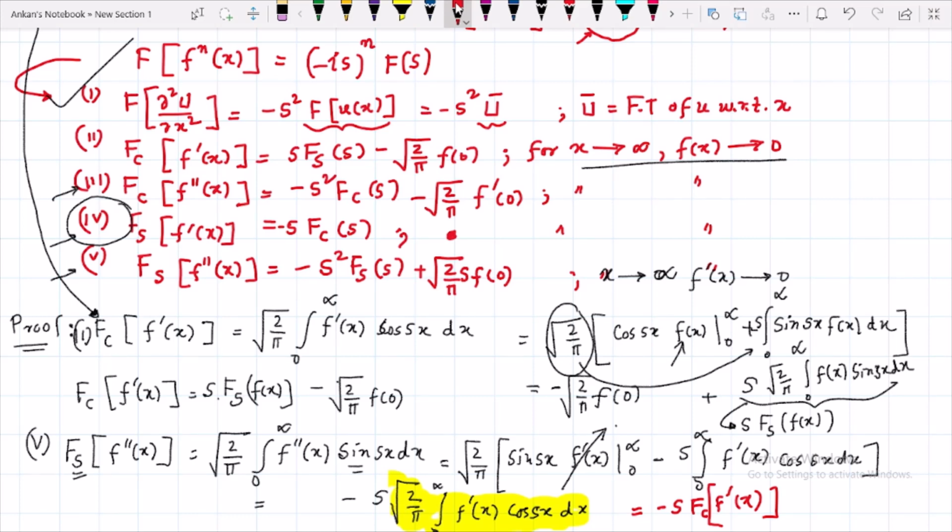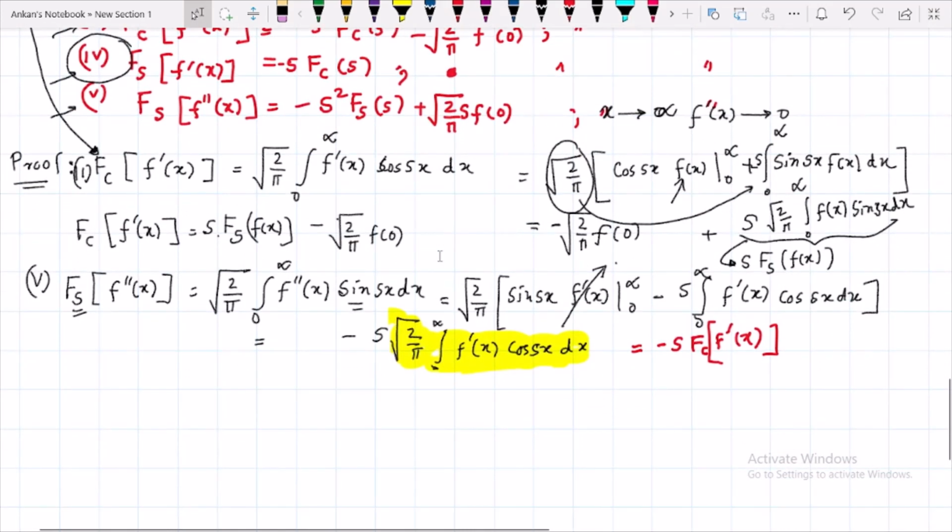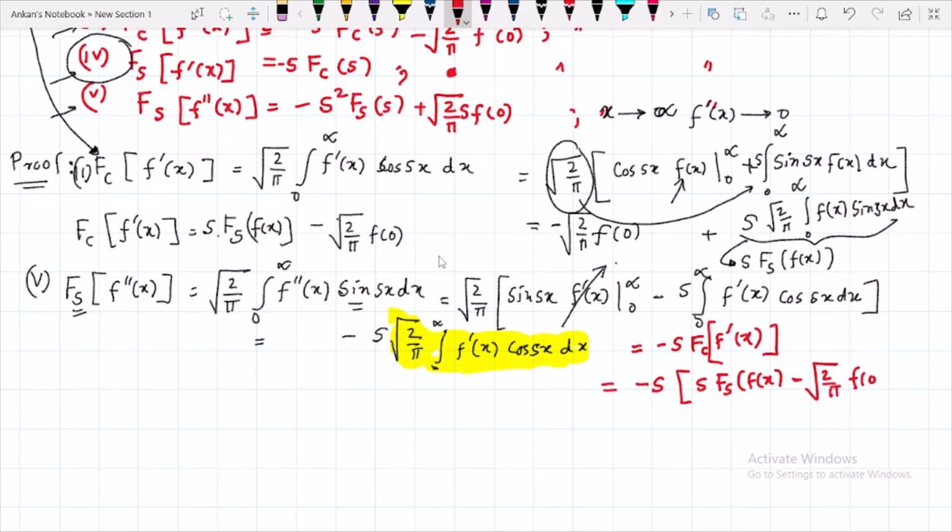The cosine transform of f prime x I have already written, so put it here, so that you obtain minus s times this, minus root 2 by pi f(0), so that you get minus s squared F_s(s) plus root 2 by pi s f(0). So this is also proved.